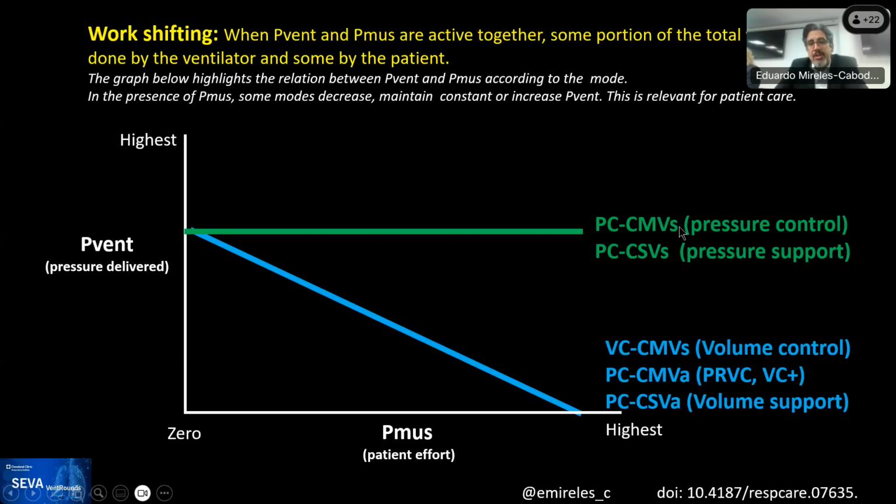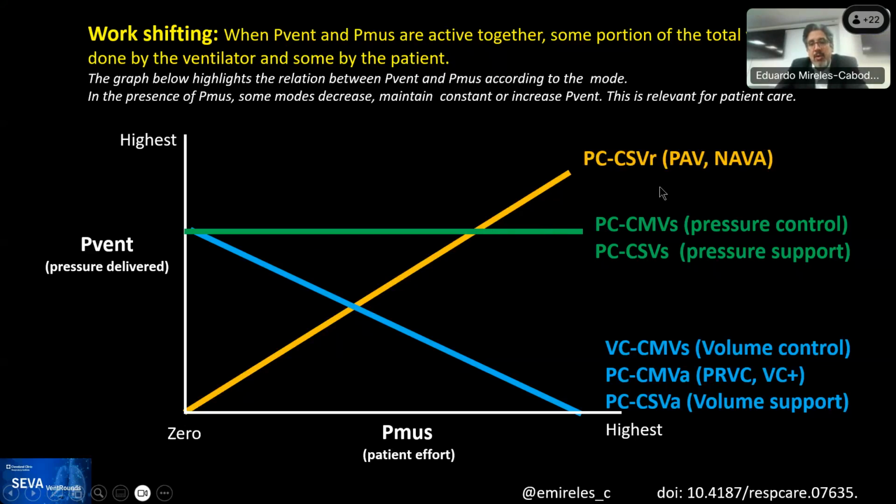Although it says PRVC, and if you go by the name, you're probably going to make an error. It says pressure regulated volume control, but it has nothing to do with controlling the volume. Essentially what it does is control pressure during inspiration, and you can see that because the flow is variable and the pressure is essentially constant, and we'll go over that in a second.